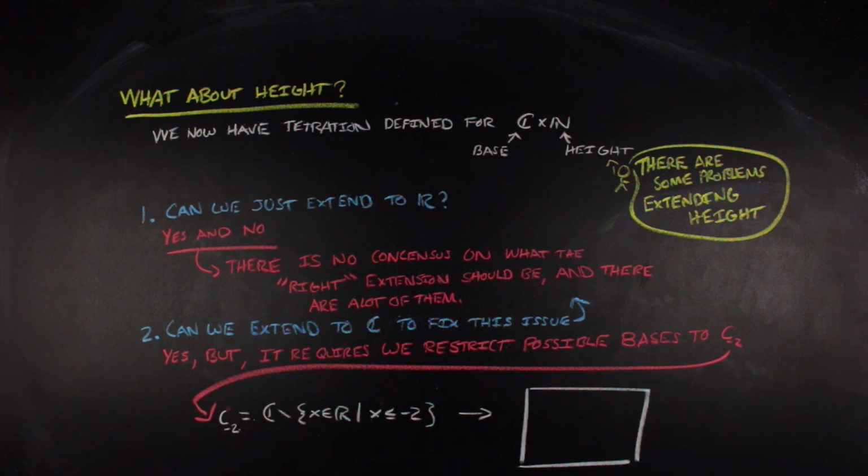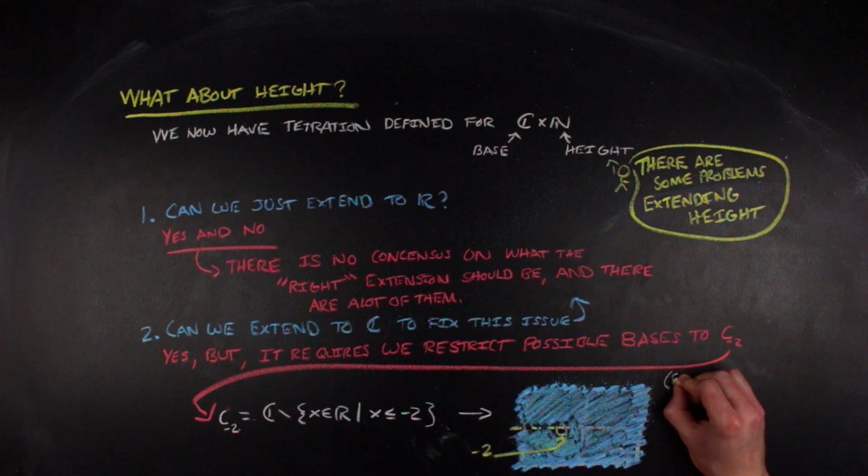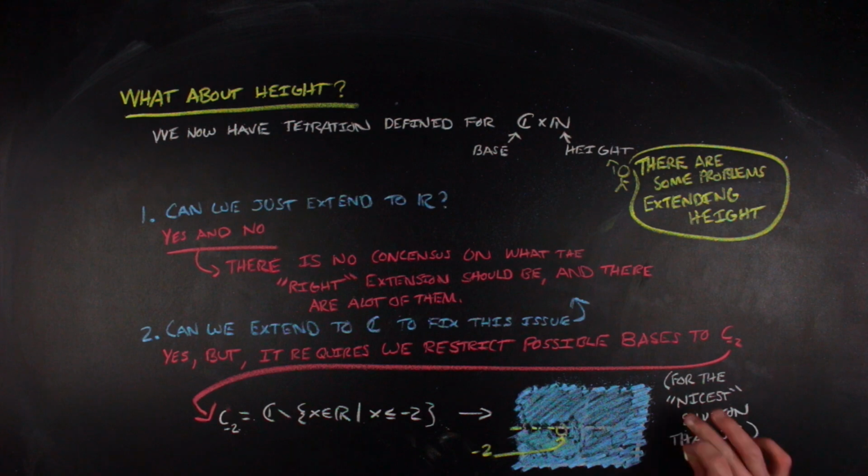In order to extend to the complex numbers in the best way, we would need to reduce the domain of the allowable bases that we're using. So instead of using all of the complex numbers as possible bases, we would need to eliminate real numbers that are less than or equal to -2.